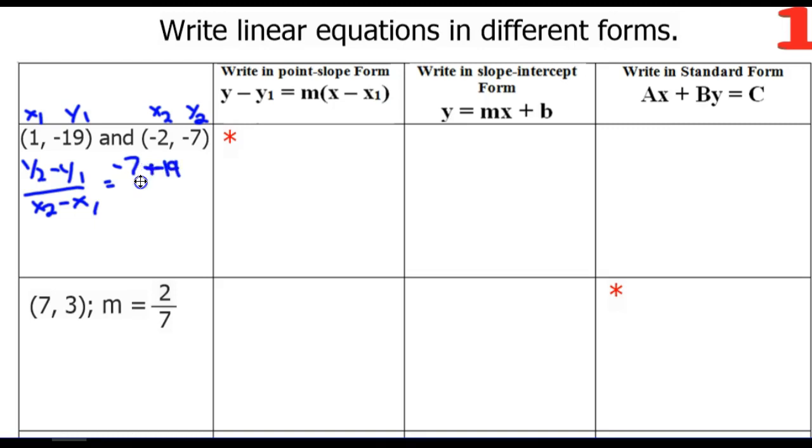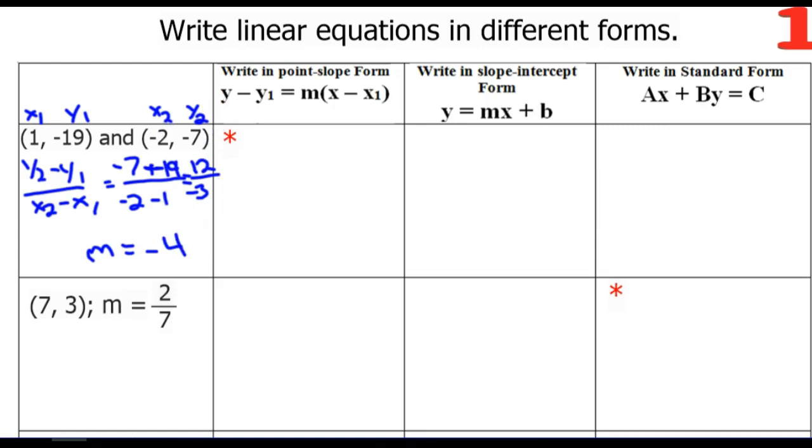We can make that a plus. And negative 2 minus 1. Negative 7 plus 19 gives us a positive 12. Negative 2 minus 1 gives us a negative 3. 12 divided by negative 3, our m is going to be a negative 4.